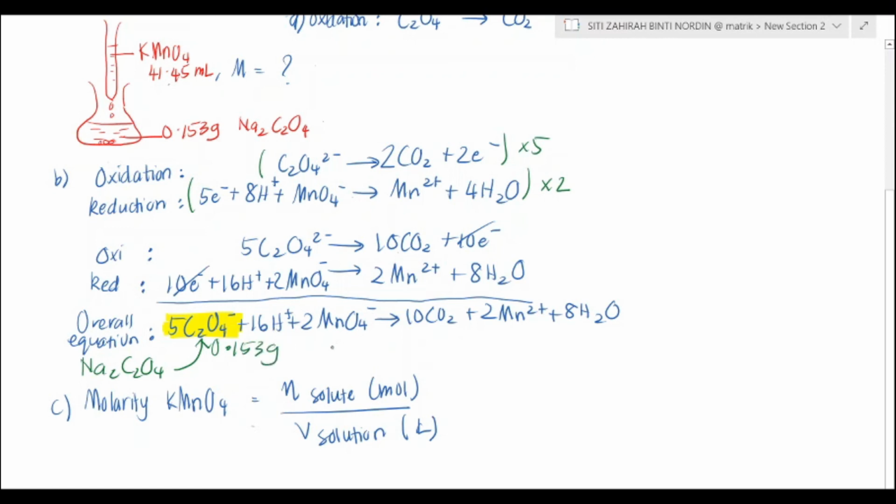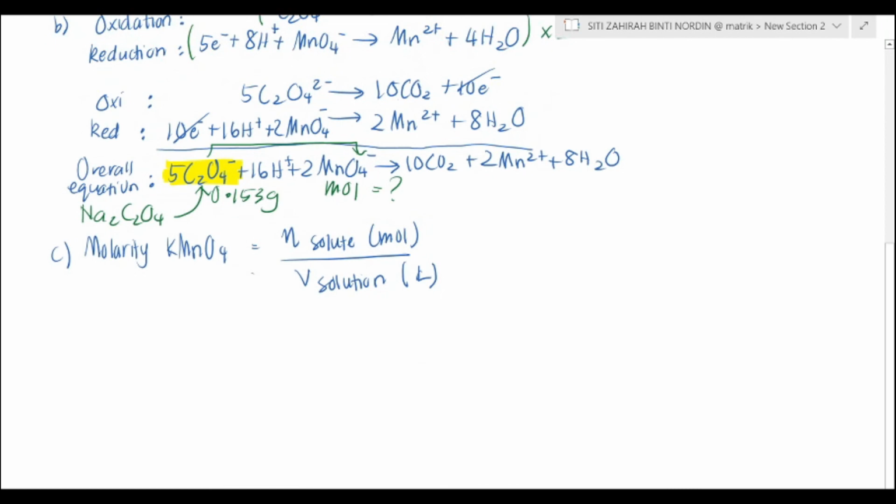So we need to find the mole for MnO4-. You can find it by comparing. In order to find the mole for KMnO4, you need to find the mole for C2O4 2- first.